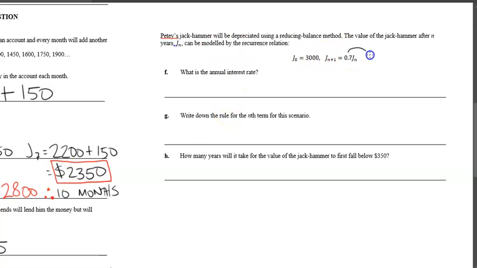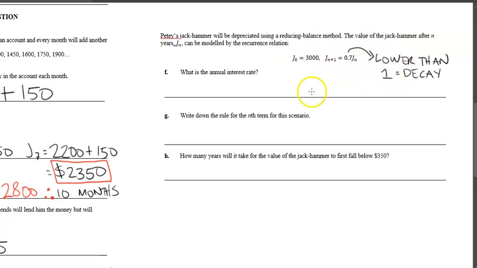The fact that this 0.7 is lower than 1. If it's lower than 1, this means we're going to have geometric decay. Or in other words, the price of this jackhammer is going to go down by a certain percentage. And that's what we're going to look for now.